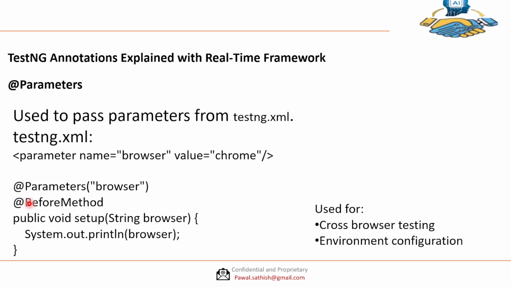And how will we define this parameter browser? As I mentioned, usually browser setup or environment setup we do in the @BeforeMethod. So here we mention @BeforeMethod and @Parameters browser, and we need to use this value here. After that we write our logic for which browser instance we need to open.